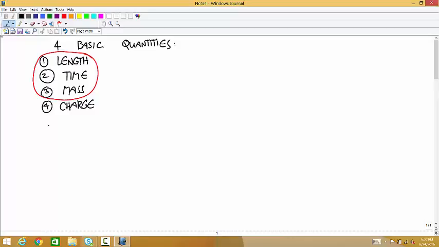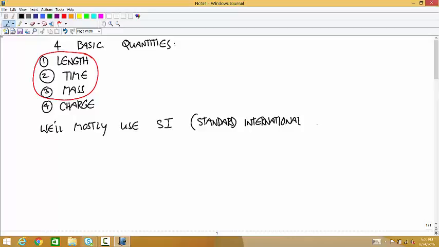We are going to use almost always SI units. So we'll mostly use SI units. That's for Standard International. And so for us, length is going to be meters, and we'll abbreviate that lowercase m.